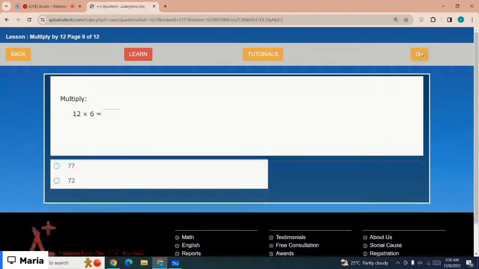The next one is 12 times 6. So which is the correct option? 12 times 6 equals... Yes, the correct option is 72. So 12 times 6 is 72.